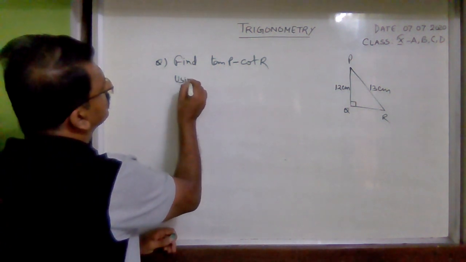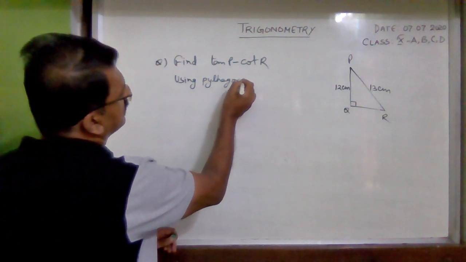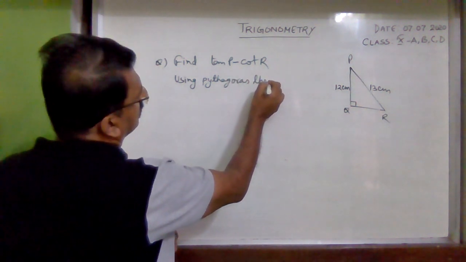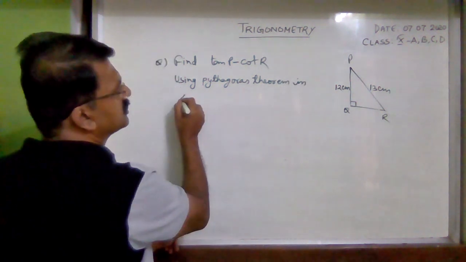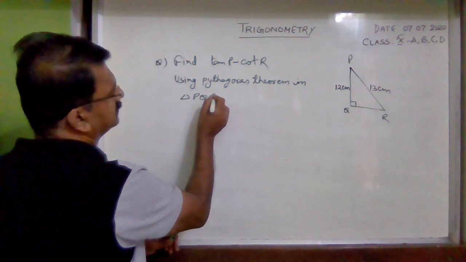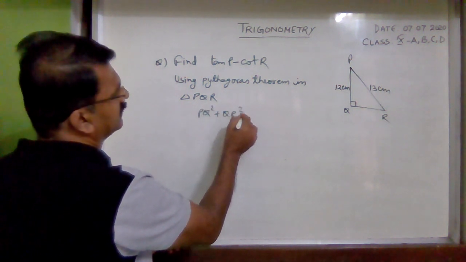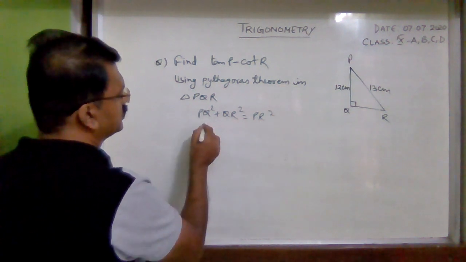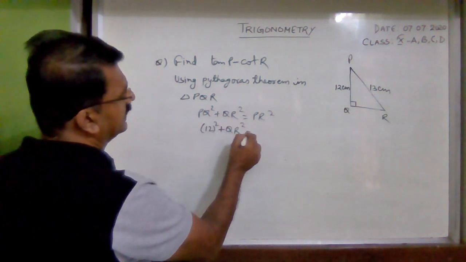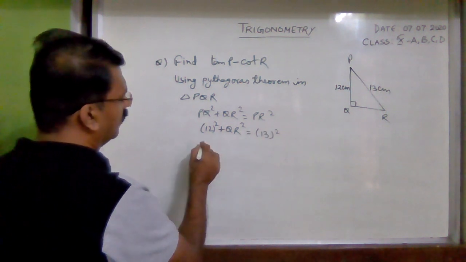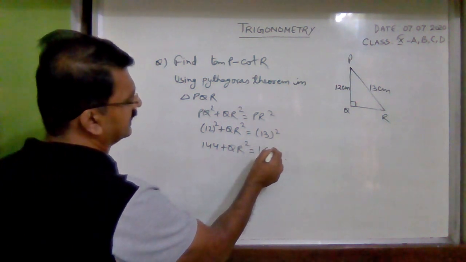Using Pythagoras theorem in triangle PQR, PQ² + QR² = PR². 12² + QR² = 13². 144 + QR² = 169.